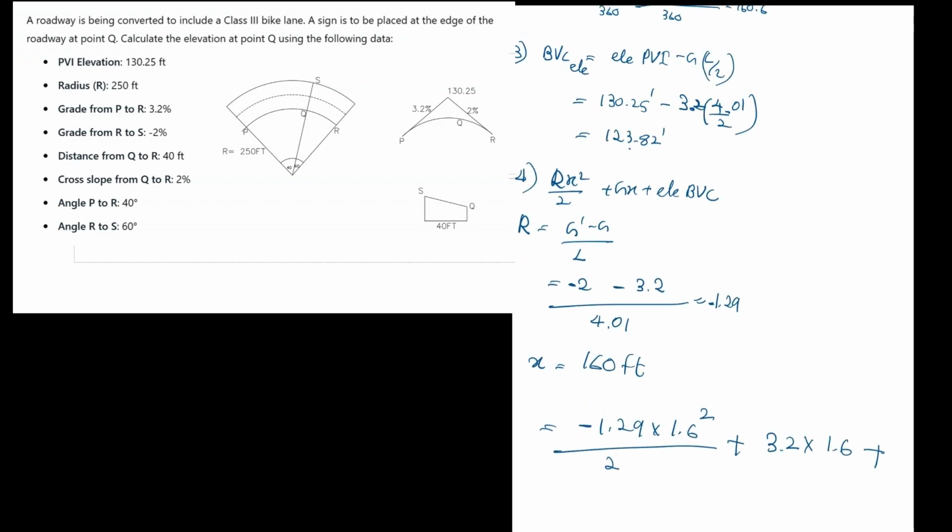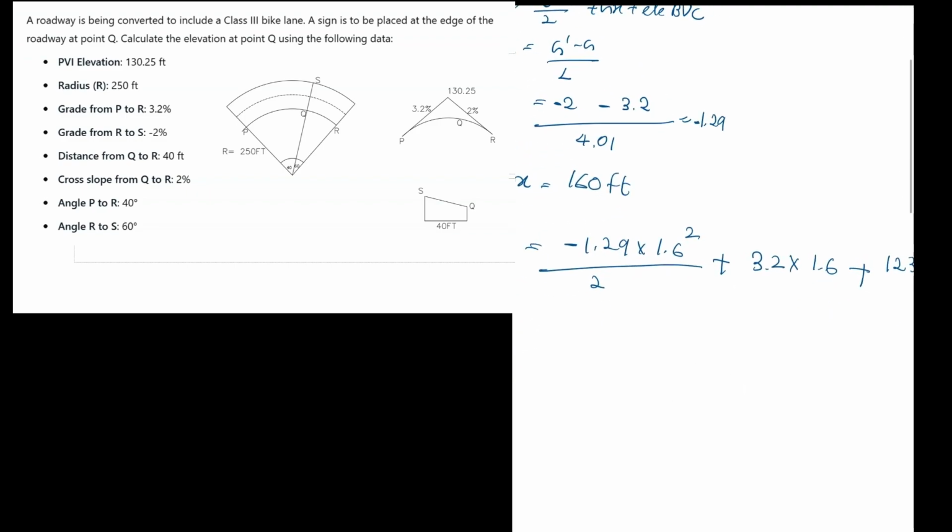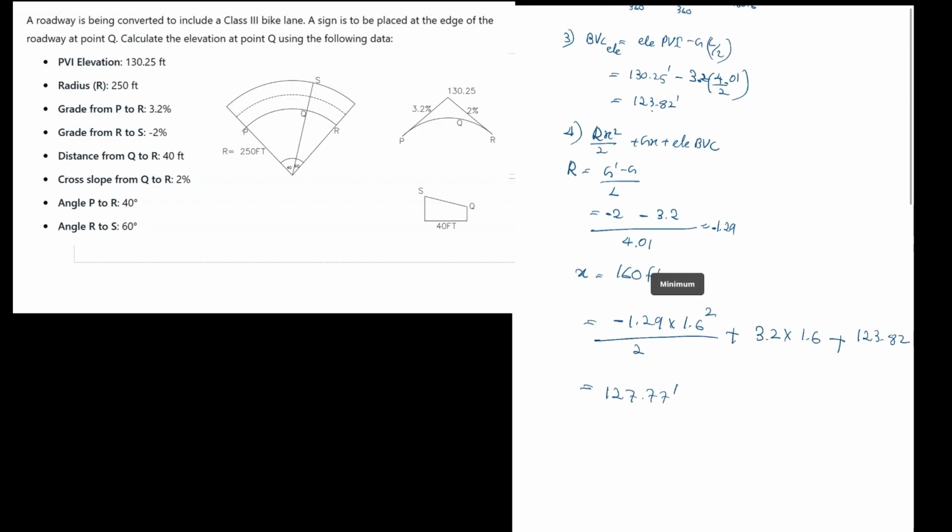G is 3.2 and X is 1.6. And then the elevation of BVC, we found it here, 123.82. Plugging all these numbers, we will get 127.77 feet.